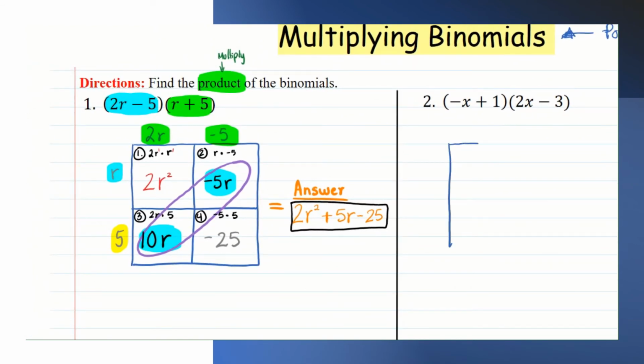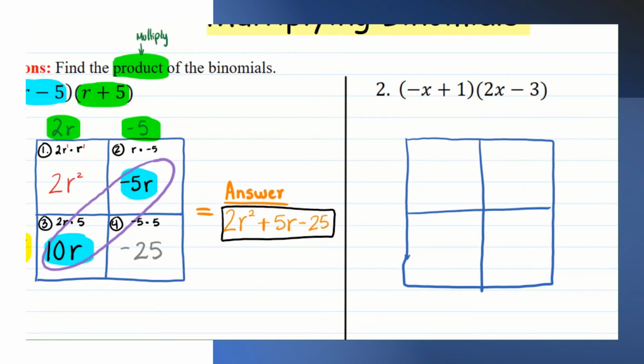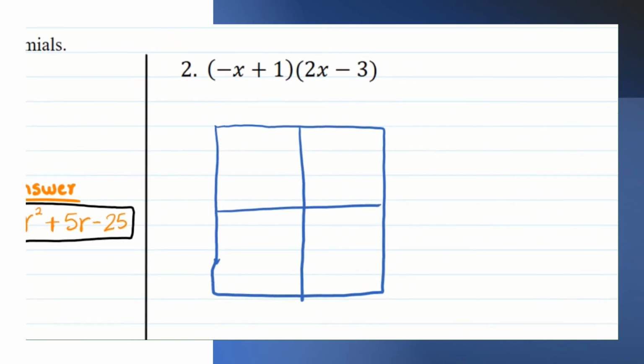So let's give it another try with the second example. We're going to set it up just like we did in the first one. Let's number our boxes 1 through 4. This time we're going to choose the first parentheses to be across the side and the second parentheses to be across the top.